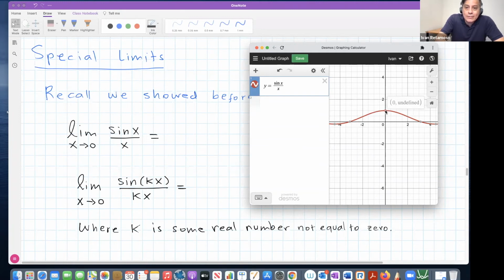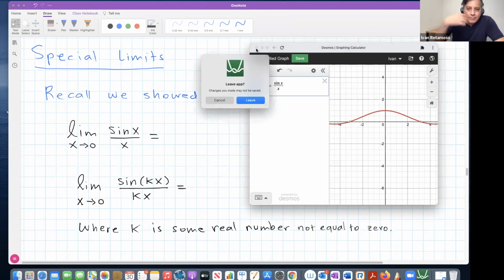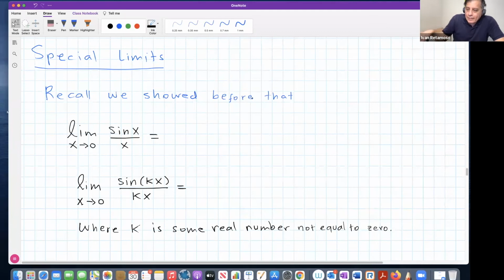But in the neighborhood, the outputs approach 1 from both sides. So this should be 1. Let's try to memorize that, so that we can use it for computing more complicated limits. So from now on this should be equal to 1 as a property.